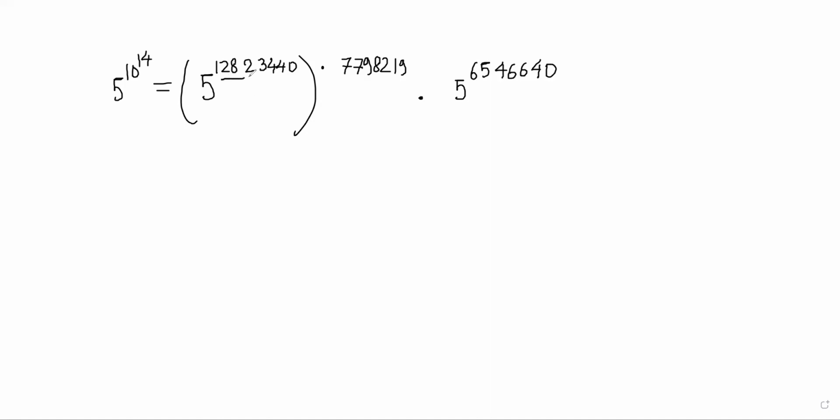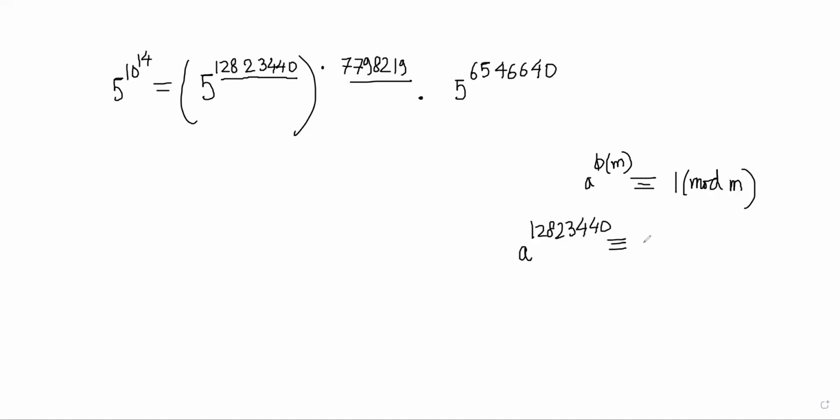Basically, this is 12823440 multiplied by this plus this, which is the same as 10 power 14. That's why we did the division algorithm. Why is this useful? Because Euler's theorem guarantees that a power phi of m is congruent to 1 mod m. And here a power phi of m was what?